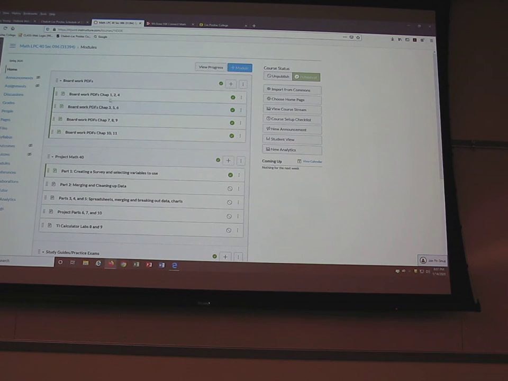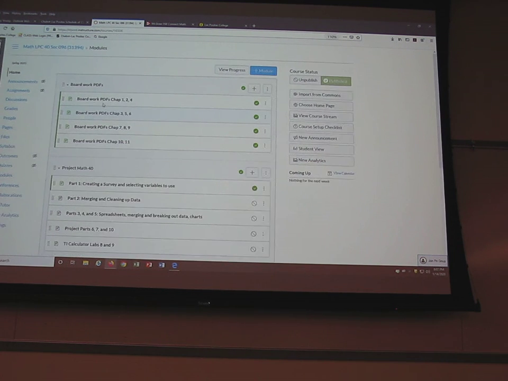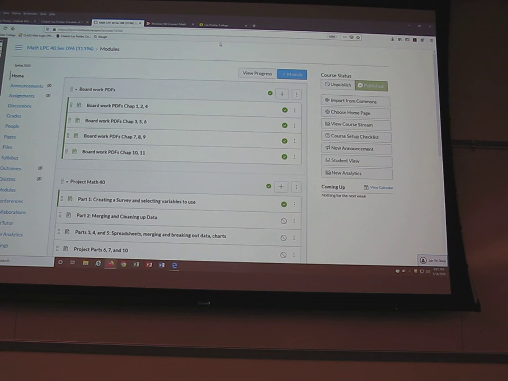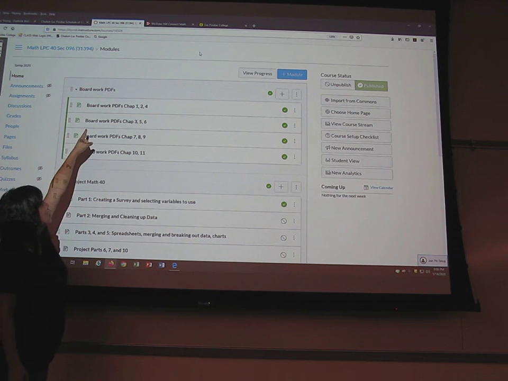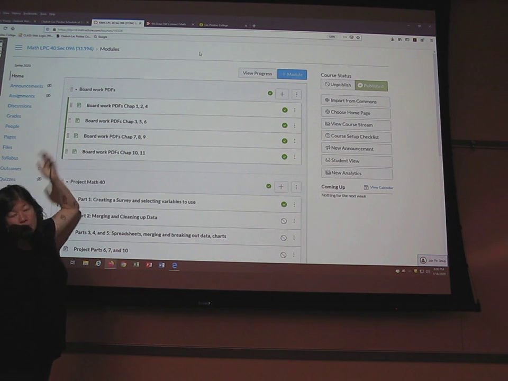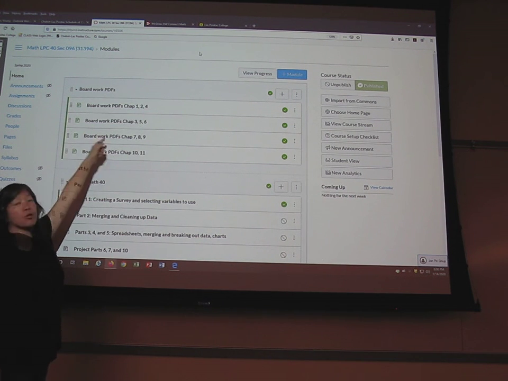You'll see these board work PDFs. Everything that I'm doing on my board, and everything I'm writing, I save as a PDF, and I post those in this board work PDF in chapters 1, 2, 4.